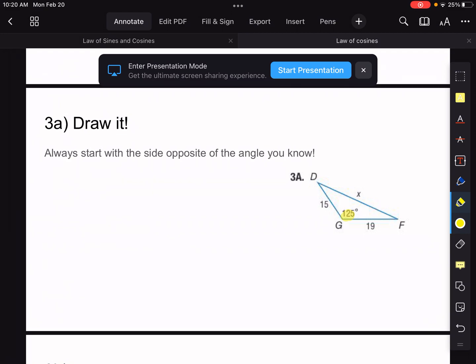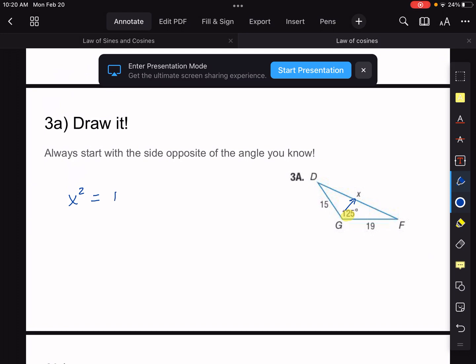In this case, that would be lowercase g, but they're denoting it with an x, so I guess we can use x. Essentially we have x squared, the side length across from the known angle, equaling the other two side lengths squared.